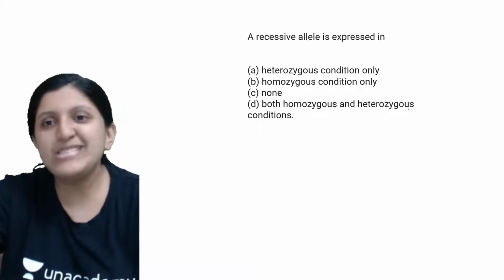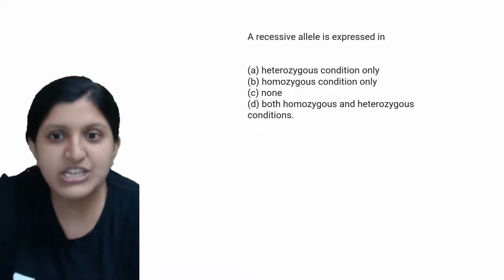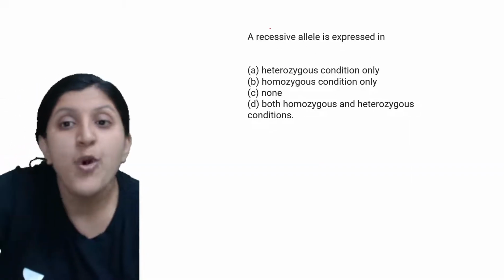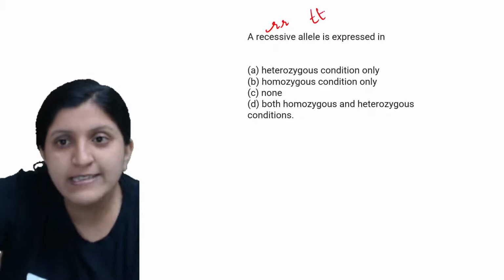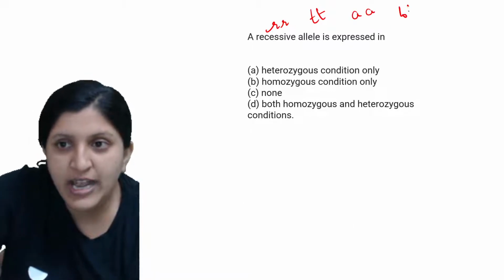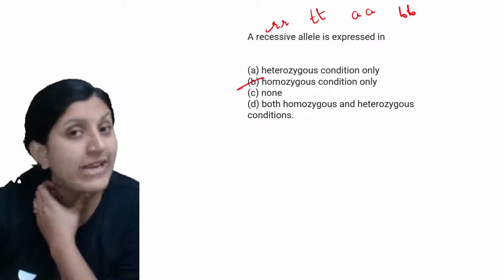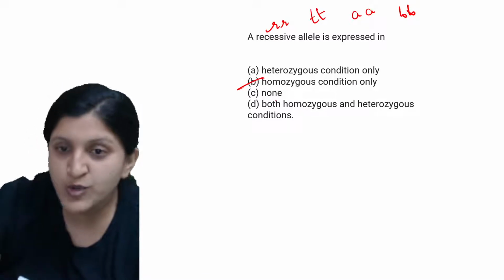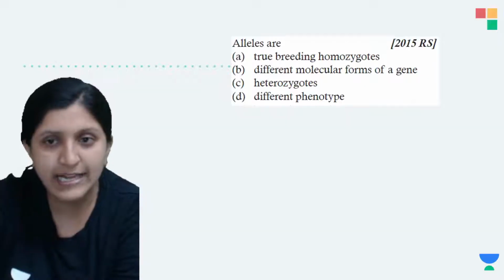Okay, I'll explain this. When exactly does a recessive allele express? When it is in a homozygous condition like this. Only when they are in a homozygous condition can you see their expression. Heterozygous condition is not possible, both homozygous and heterozygous is also not possible, none is also not possible. The only answer is homozygous condition, okay.